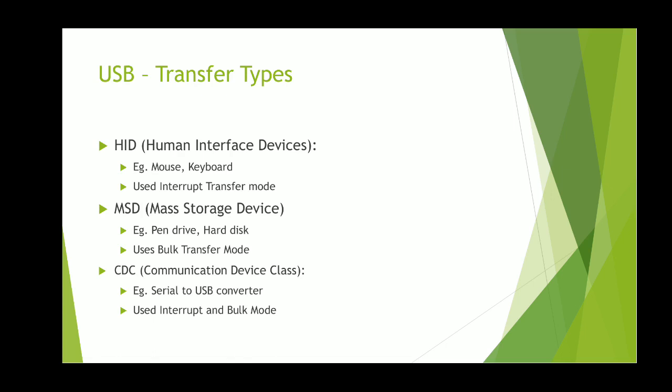So we prefer interrupt transfer mode over other types of data transfers. And in the case of mass storage devices such as pen drive and hard disk, it is better to use bulk transfer mode, because bulk transfer mode allows the transfer of a lot of data without any error. And in the case of communication class devices such as serial to USB converter, we go for interrupt and bulk mode of transfer.